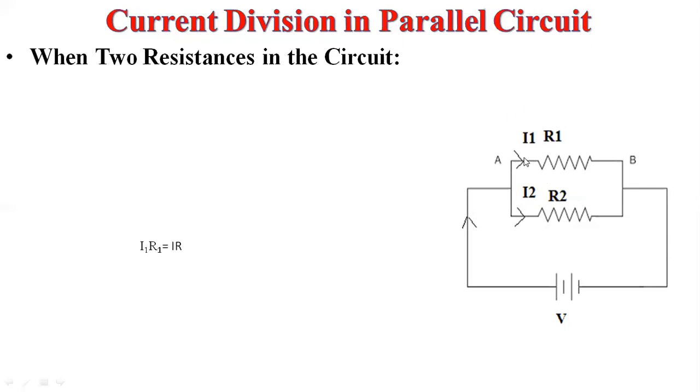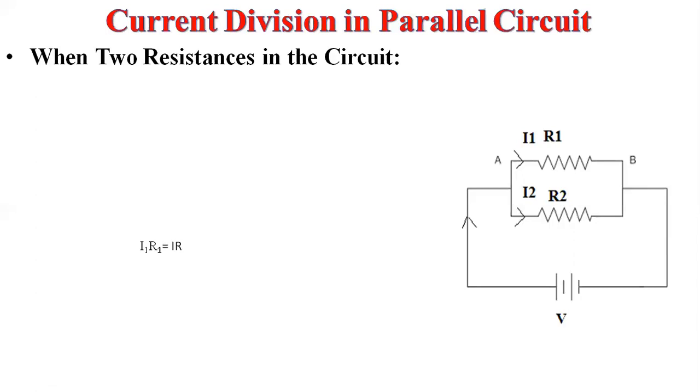Now if we want to calculate the current across resistance R1 and across resistance R2 individually, in this topic we learn how to do that. Suppose we have two resistances connected in parallel, so how do we calculate the current across each resistor?